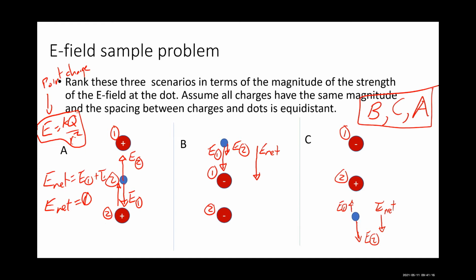So this is an example of how you would treat a problem like this, where you're given multiple source charges and told to rank different scenarios. And one of the key ideas here is that electric fields are vectors, so you can add them vectorially.